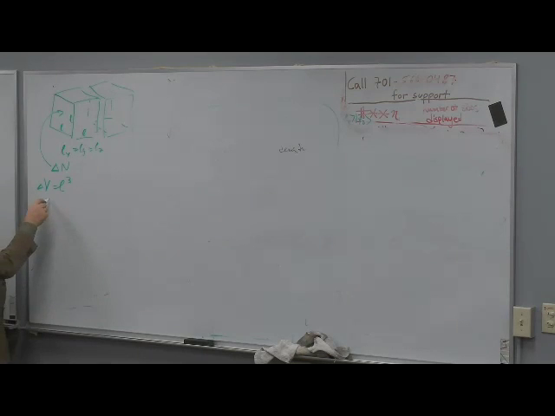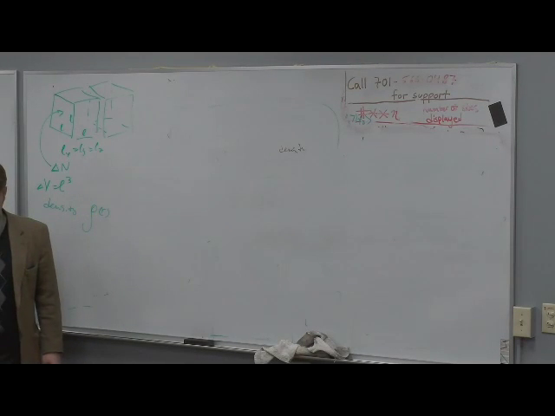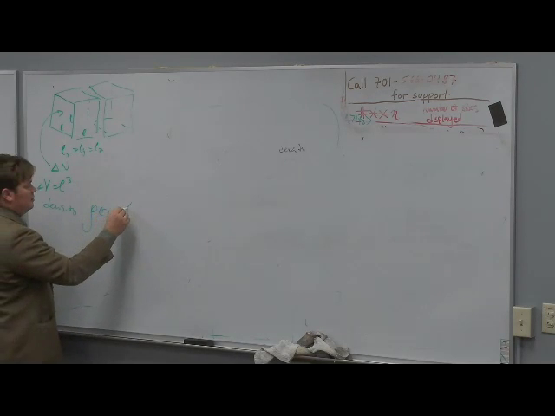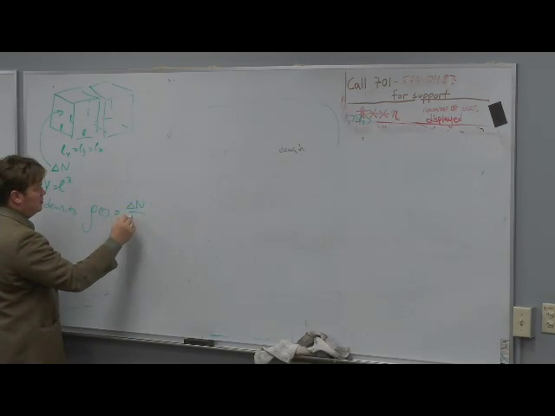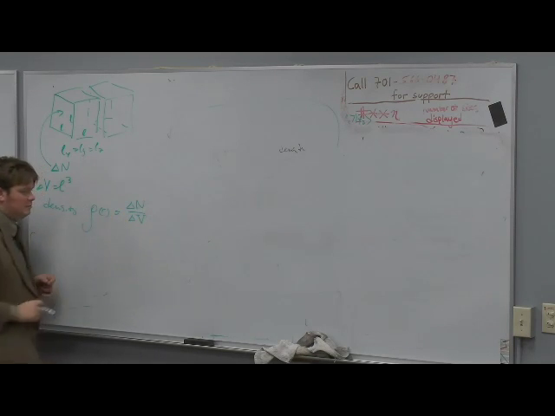Then we can introduce density. Density is mass divided by volume, and we don't care about mass. We care about charge. So density of charge. Why are you using delta n and delta n?